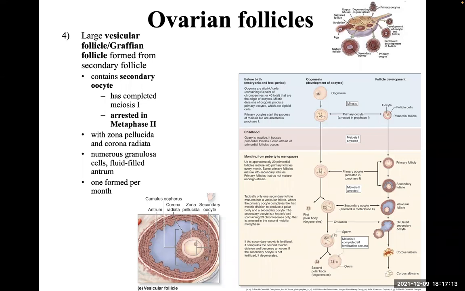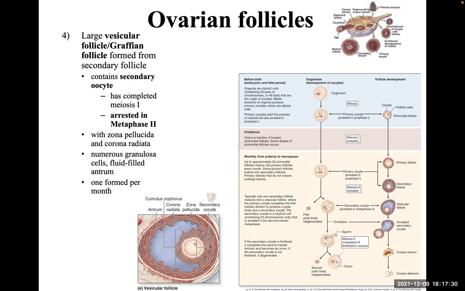And then the Graafian follicle contains what we call a secondary oocyte. This is an oocyte that is arrested in metaphase 2. And it is the secondary oocyte, so that cell arrested in metaphase 2, or I should say, let me say this a different way.